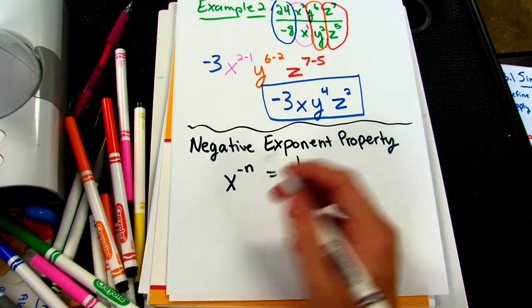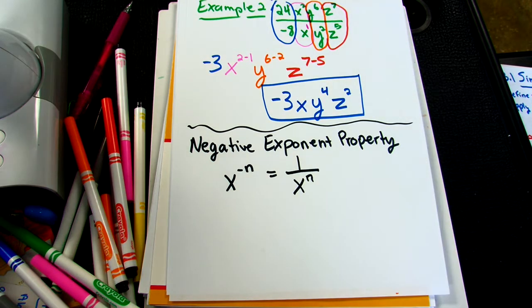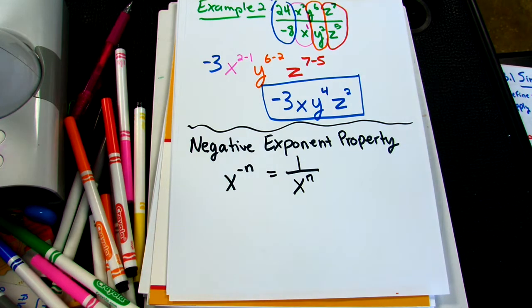If it was a negative exponent in the denominator, then that base and that exponent would move to the numerator. So basically, your negative exponent is going to move either to the numerator or to the denominator, so it can become positive. Okay?